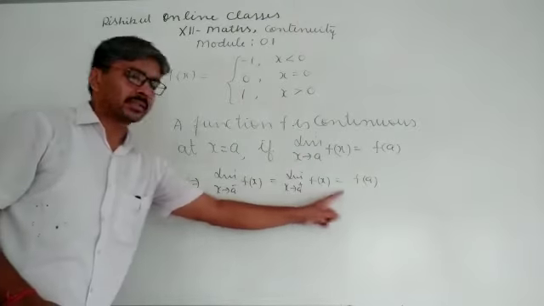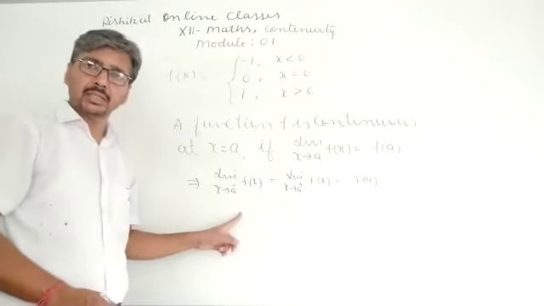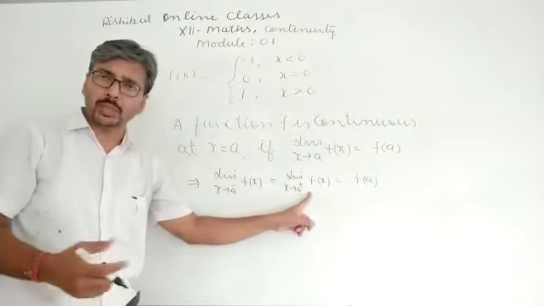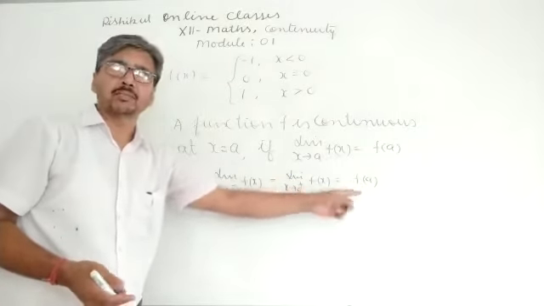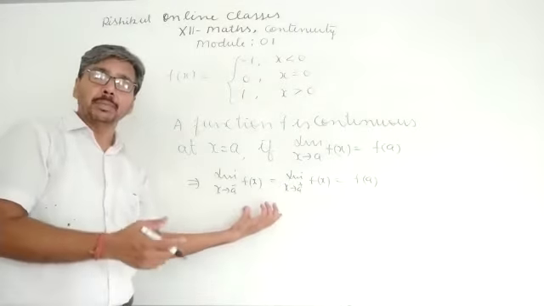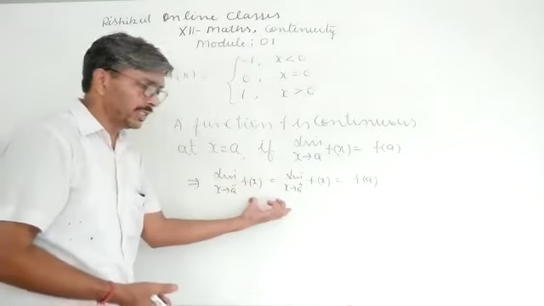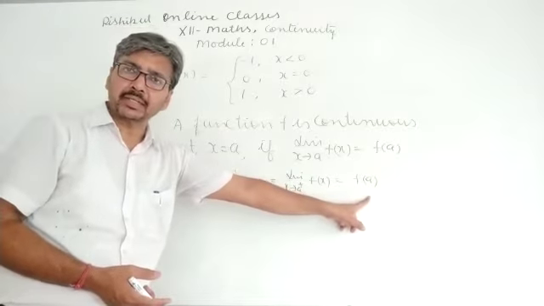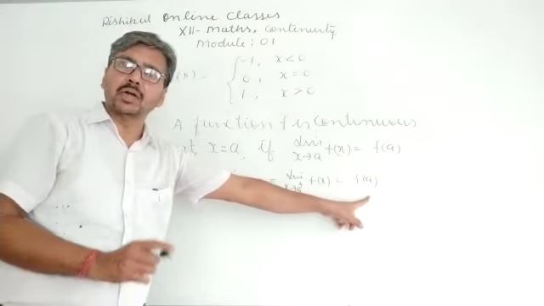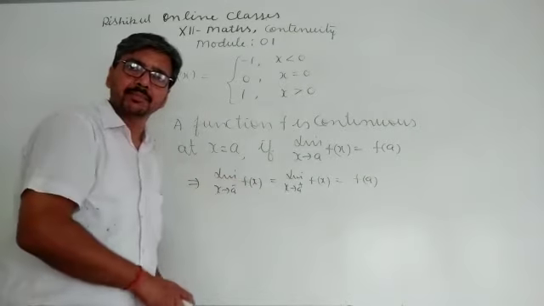What does it mean? It means if the left limit of a function is equal to the right limit of a function, then we say that the limit exists for the function. And when this limit is equal to the value of the function, then we will say that the function is continuous at the given point, or at x equal to a.